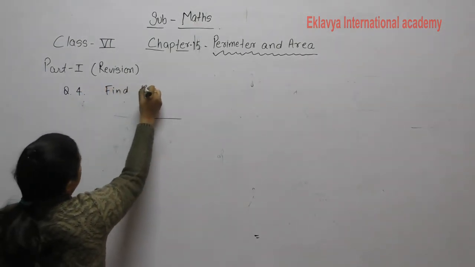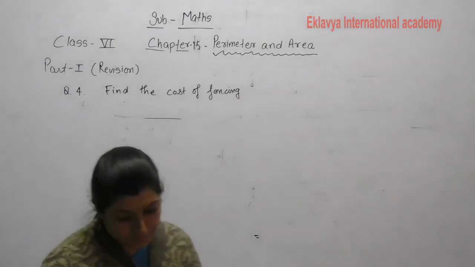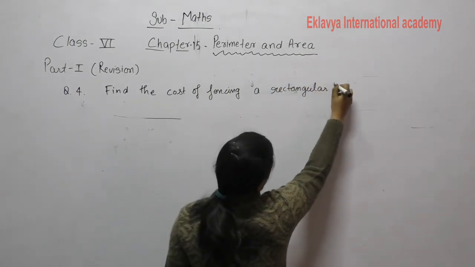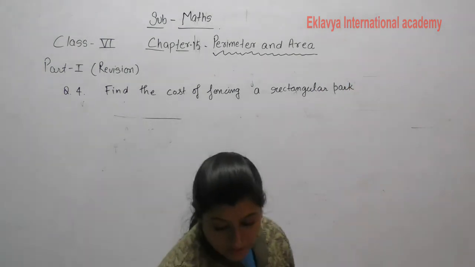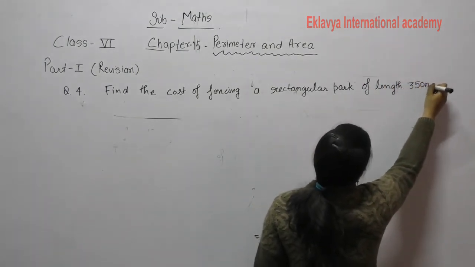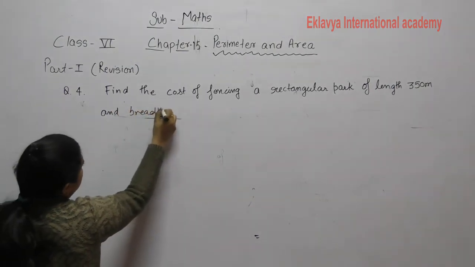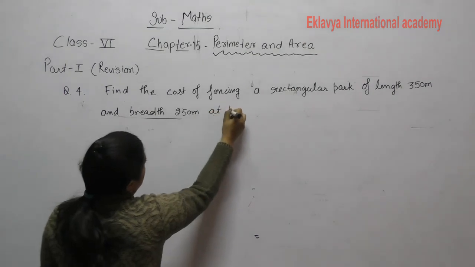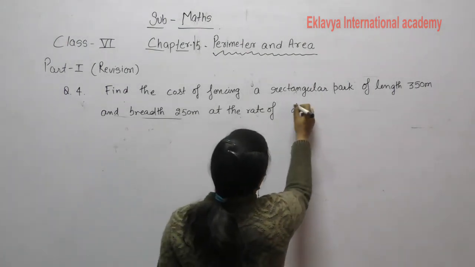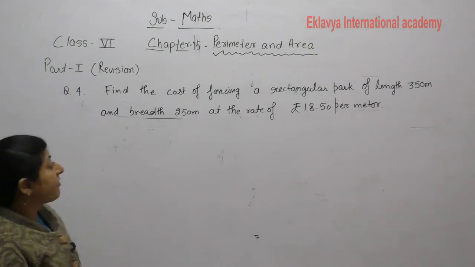Find the cost of fencing a rectangular park of length 350 meter and breadth 250 meter at the rate of rupees 18.50 per meter. See here, find the cost of fencing.